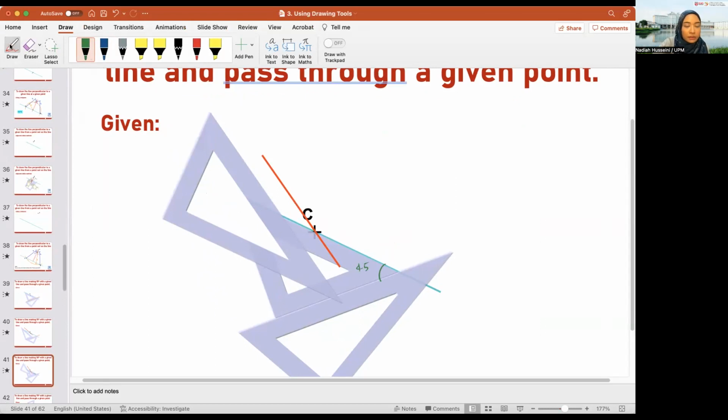Okay, let me get rid of this thing first. This is bad. Sekejap. Susah lah. Okay, kalau saya buang yang ni. Let me see the animation again.